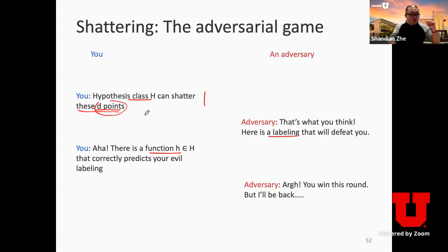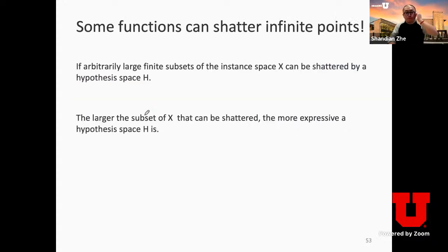Any questions so far? Okay, great. Some functions can shatter infinite points. Some hypothesis spaces are so expressive, they're powerful enough to shatter an infinite number of points.